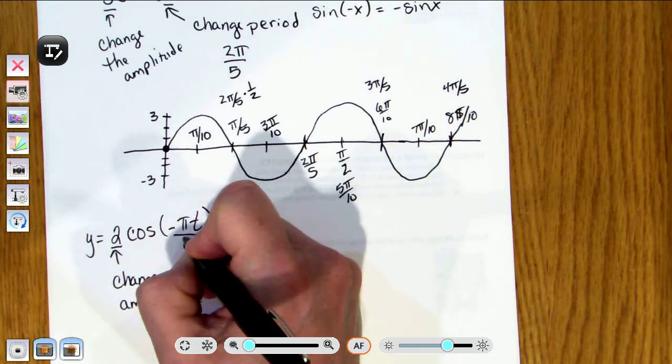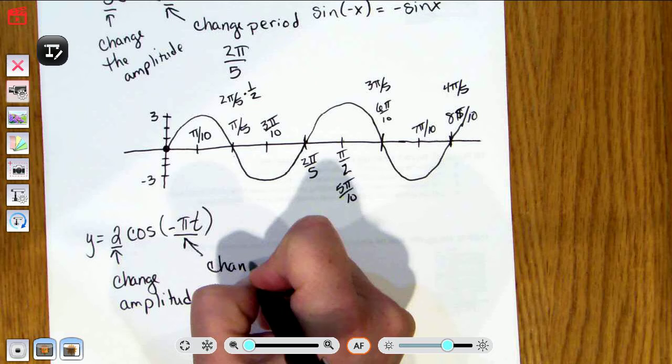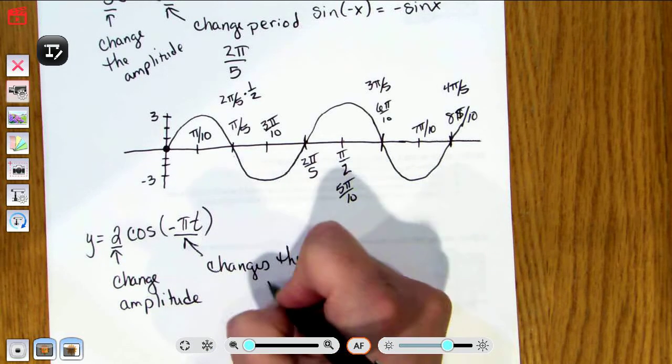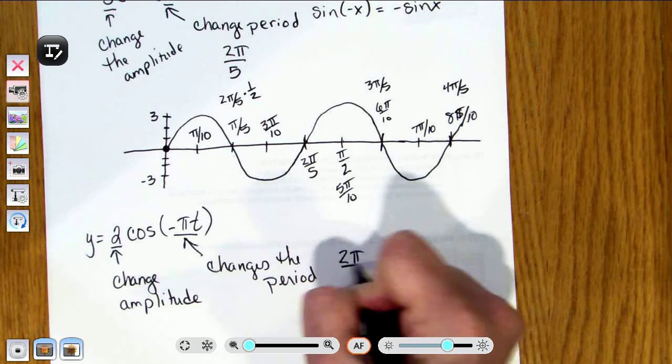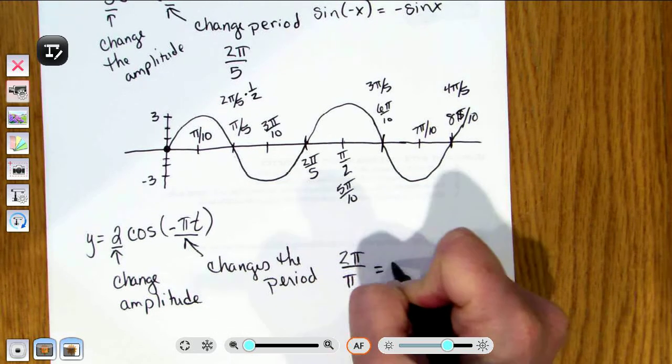This changes the period. So in other words, instead of 2 pi, we're going to take that 2 pi divided by pi, which is going to be 2.